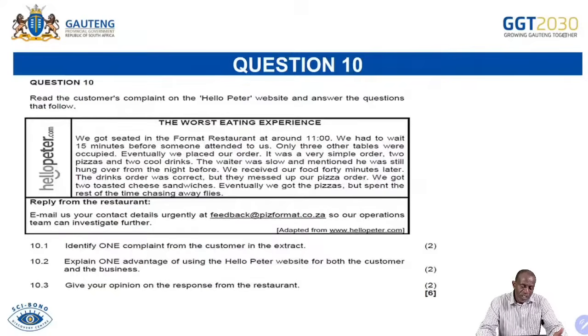And as we looked into 10.3, give your opinion on the response from the restaurant. So these ones need your personal stance as to how you see the whole situation, and that gives you 2 marks. It means if you give one fact, the length must be appropriate to the mark allocation.